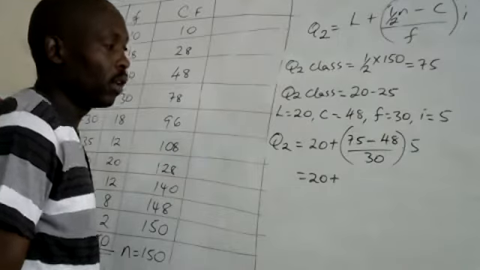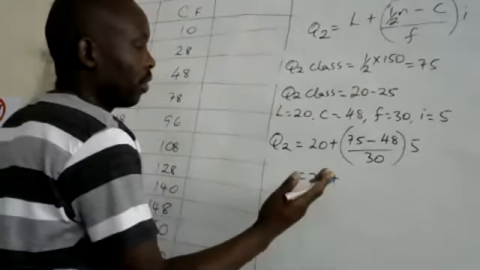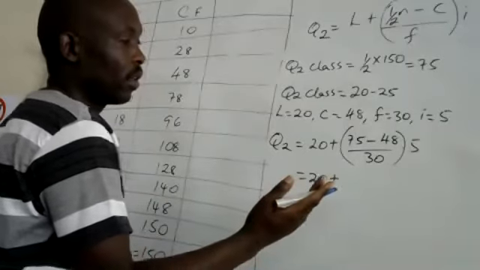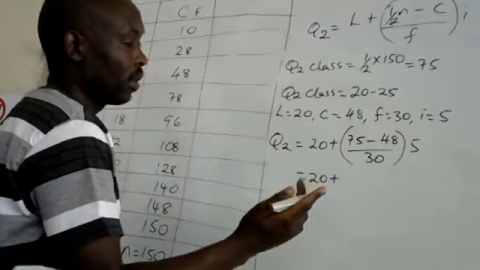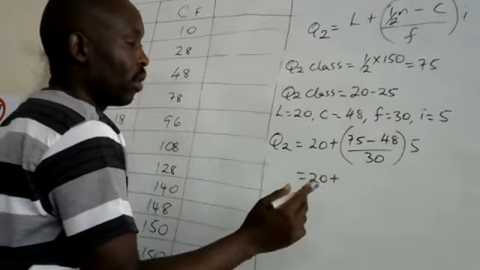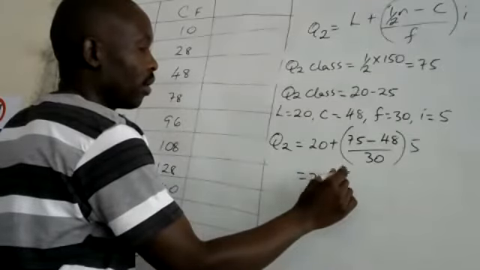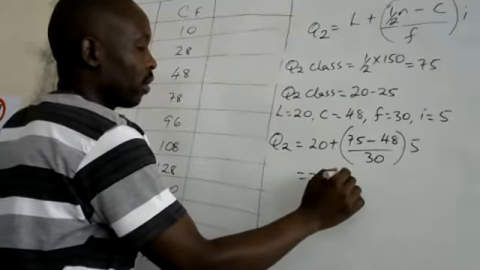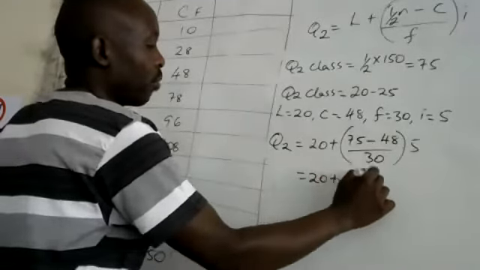4.5. That is the answer. When you subtract 75 minus 48, you get 27, all over 30, then multiply by 5.